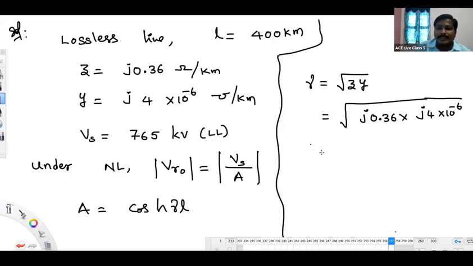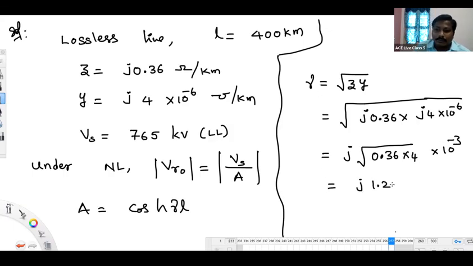It will become j, and you get the square root of 0.36 into 4 into 10 power minus 3, so I think it is 1.2 into 10 power minus 3. That's gamma.